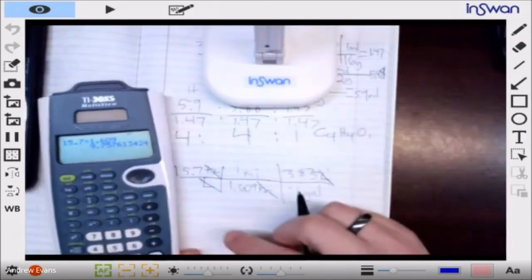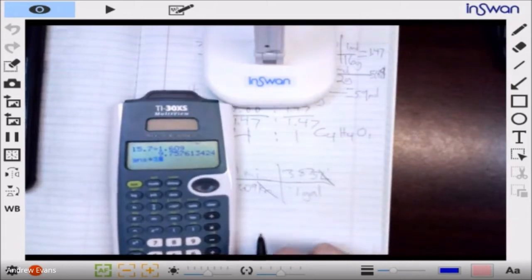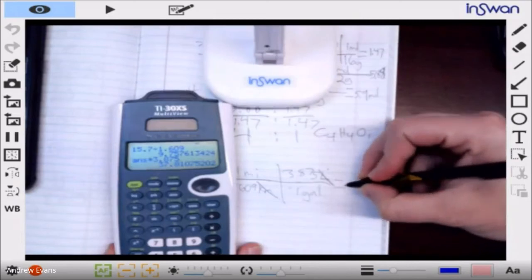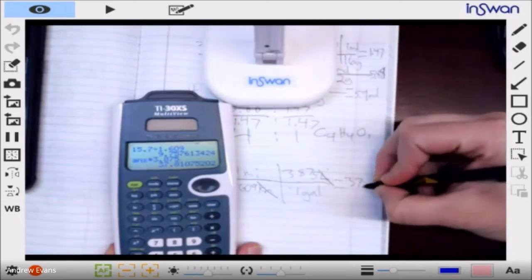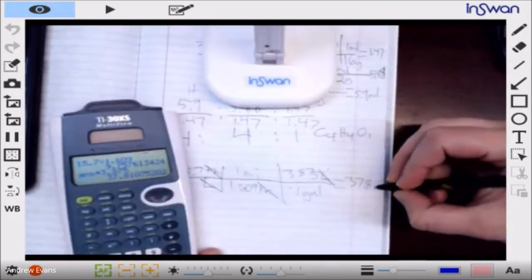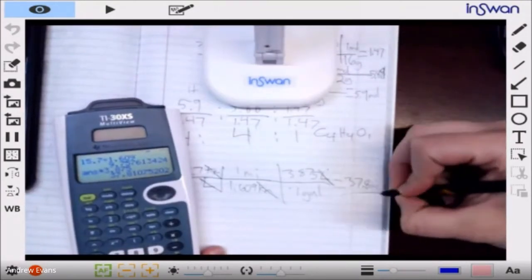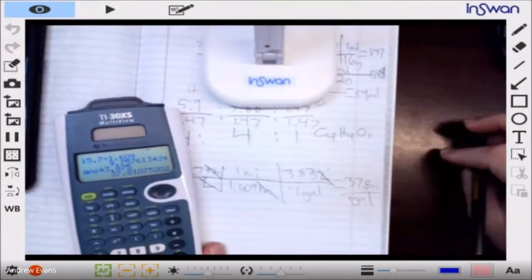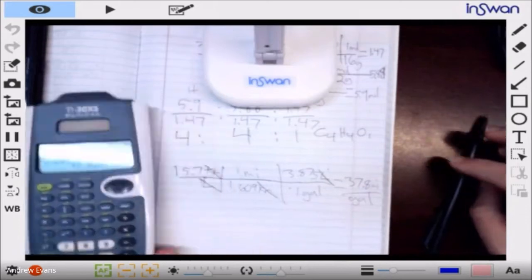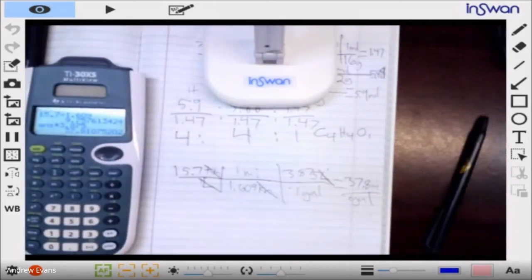So I'm going to multiply by 3.875, and that would give us a fuel efficiency of 37.8 miles over gallons. 37.8.